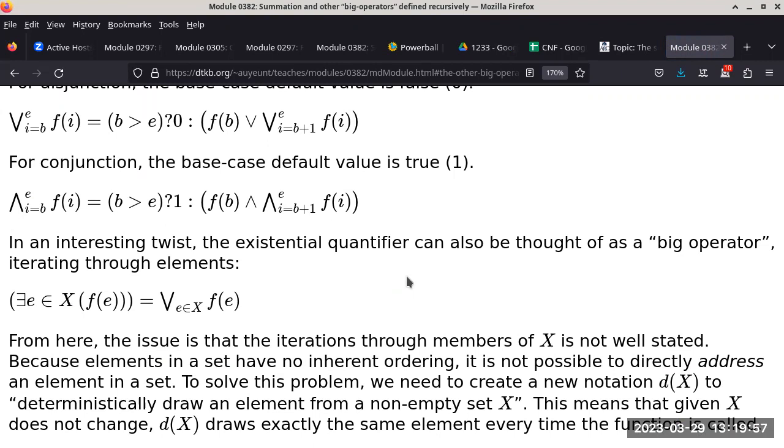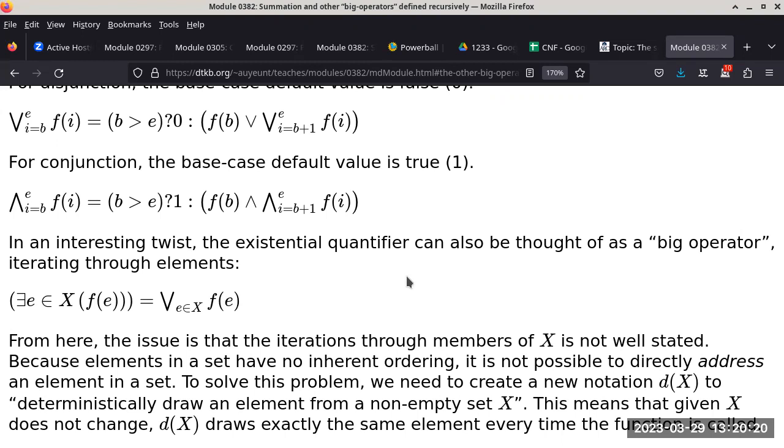Take on this challenge and try to express the big U notation using a similar method, using a ternary expression. So the question is, what am I going to use here? What is the default answer? And what do I want to use as the recursive step?